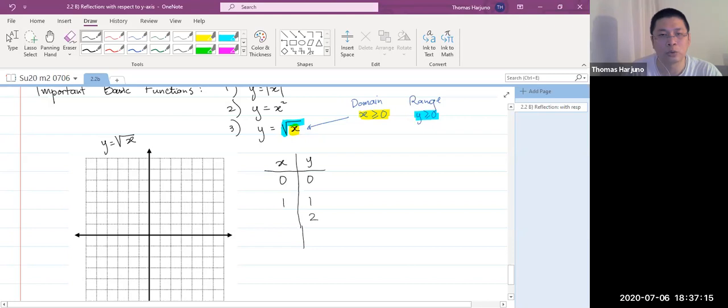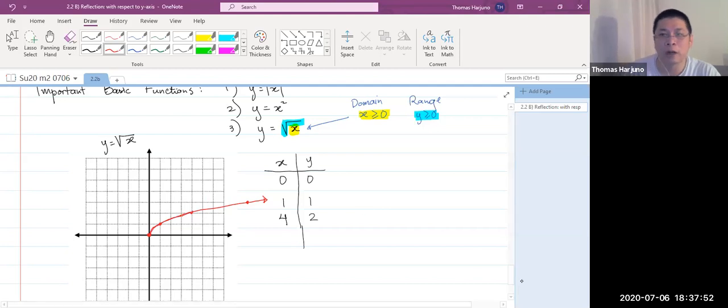When y is 2, x is 4. So the coordinates are (0, 0), (1, 1), (4, 2), and actually the next one will be (9, 3). So the graph will look like this. It's not a line though. It's more like half of a parabola.